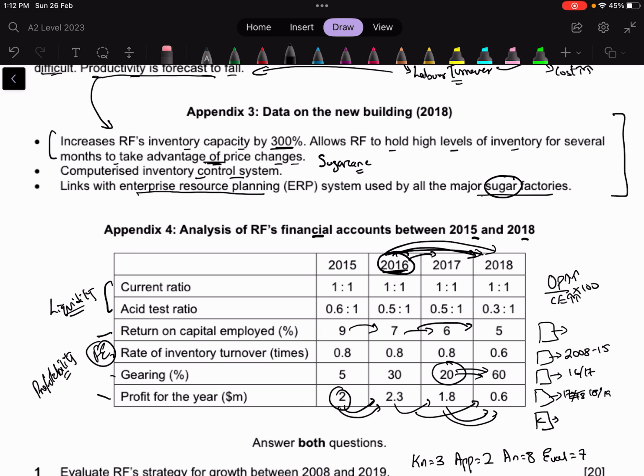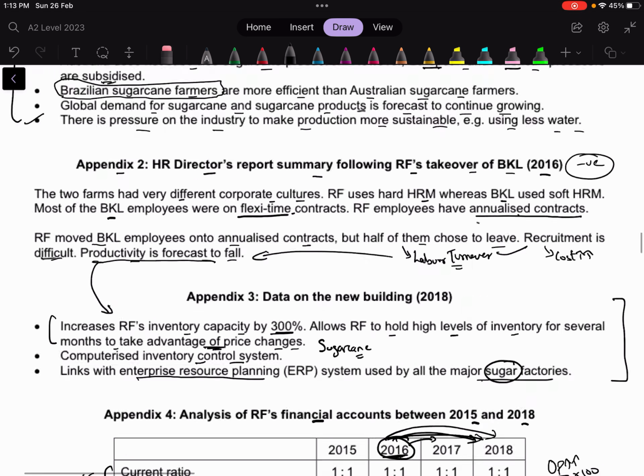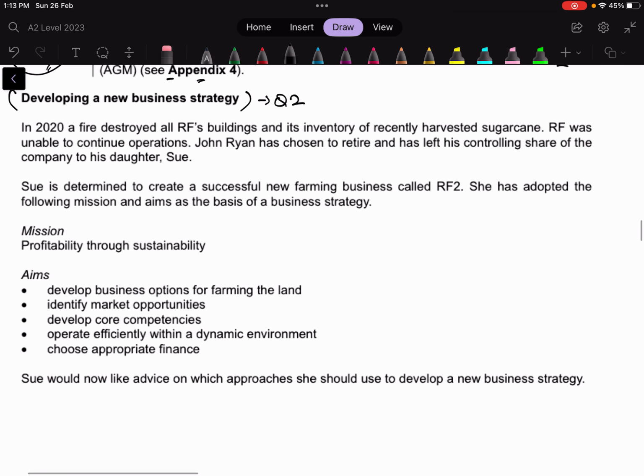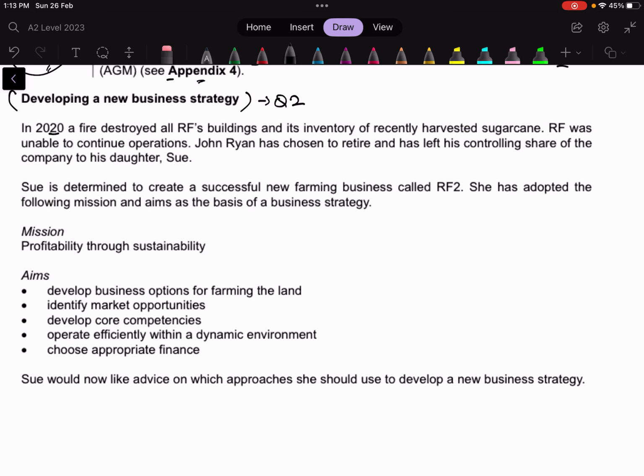For example, does the strategy indicate the impact on key stakeholders? Because if you go through the case and just read like 1 or 2 lines, in 2020, a fire destroyed all RF's buildings and its inventory of recently harvested sugarcane.